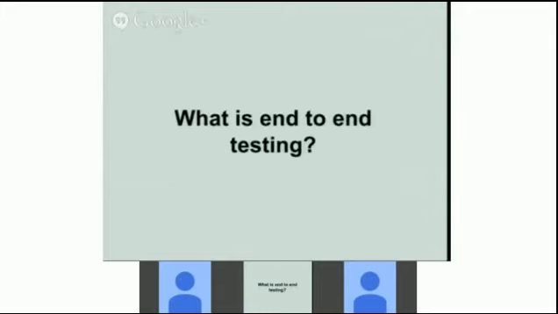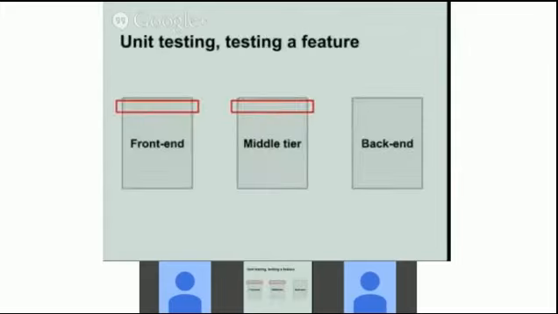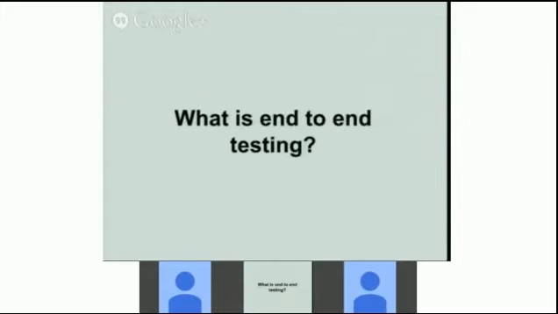Okay, so how many of you have written end-to-end tests? Okay, quite a few. So I'm going to describe what exactly I mean by end-to-end testing and what's the difference between unit testing and end-to-end testing.